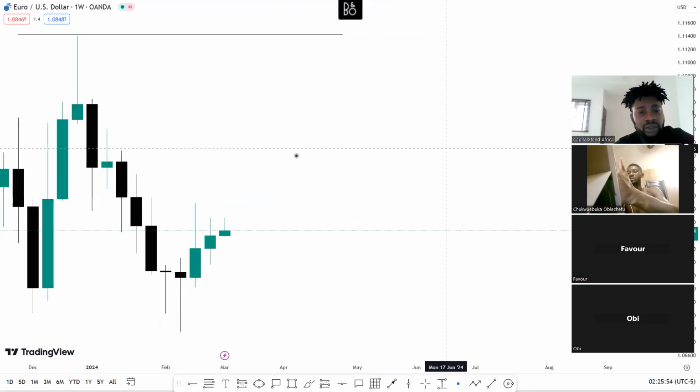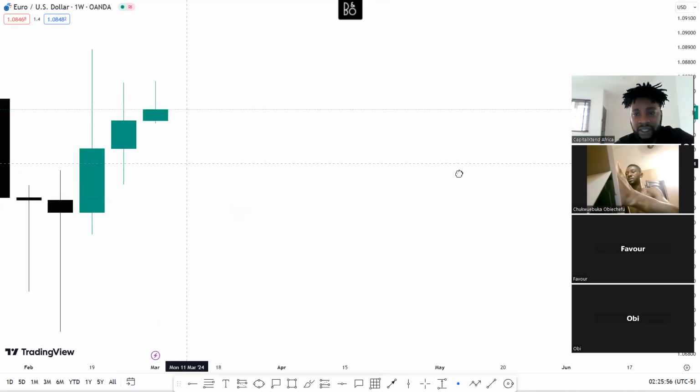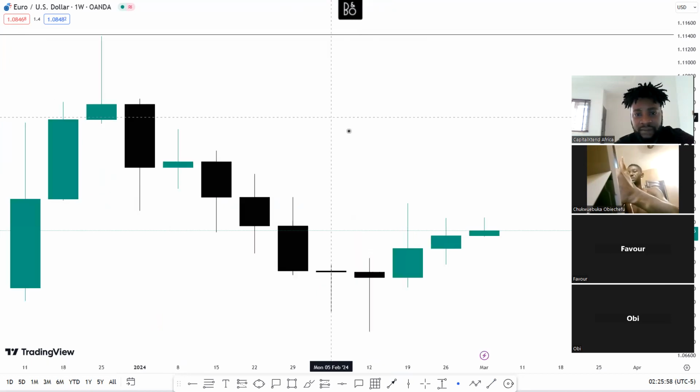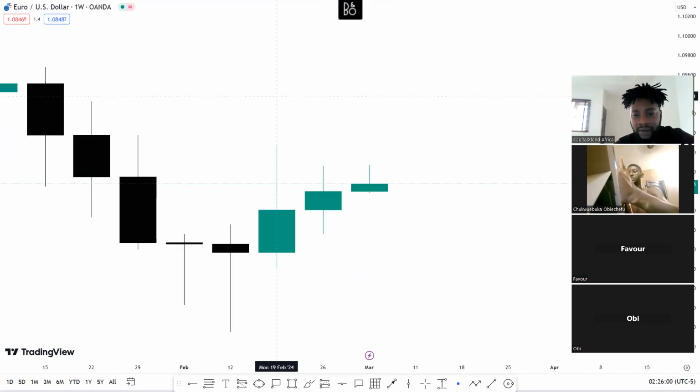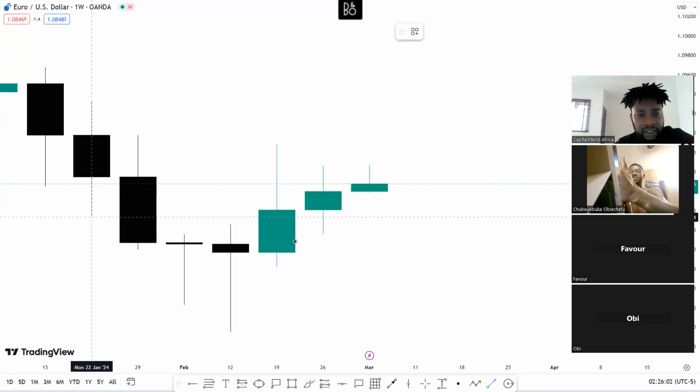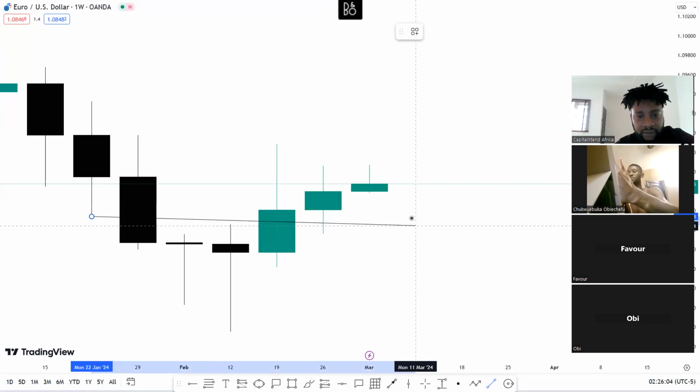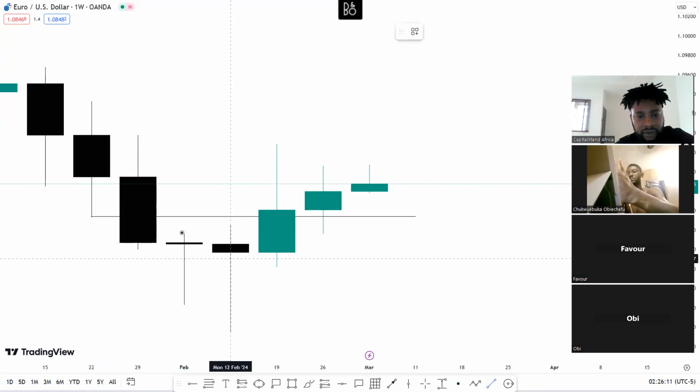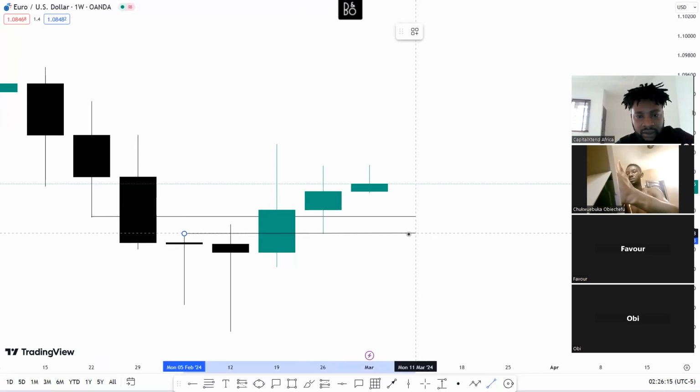So zooming in closely again, I'm seeing something like a failed CB. I have a failed CB here, giving us an inversion, so we have an inversion fair value gap.